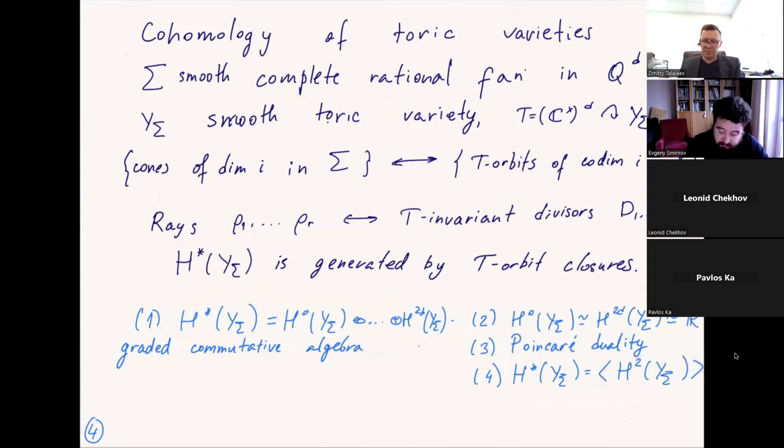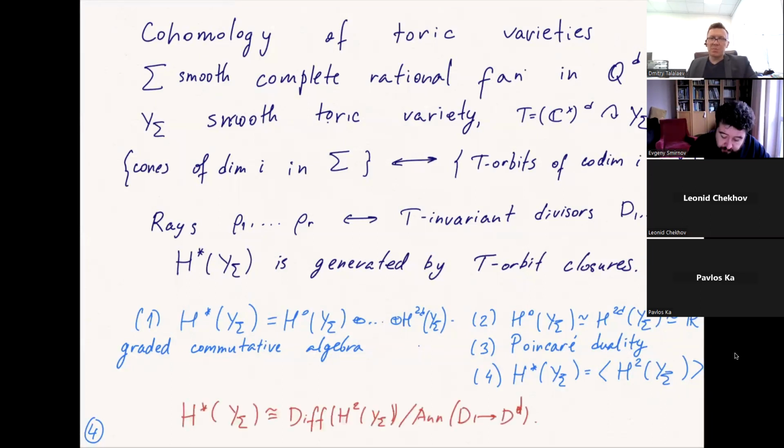So H2 is basically the first component, and it generates the ring because every cone is obtained as the span of certain rays of your fan. So every T orbit closure is obtained as the intersection of certain T-invariant divisors.